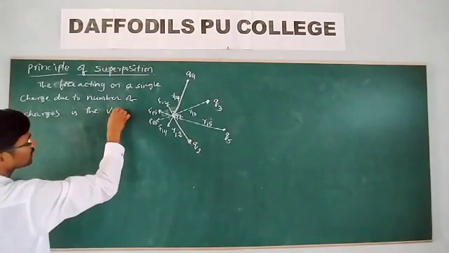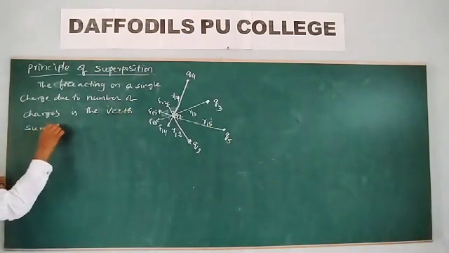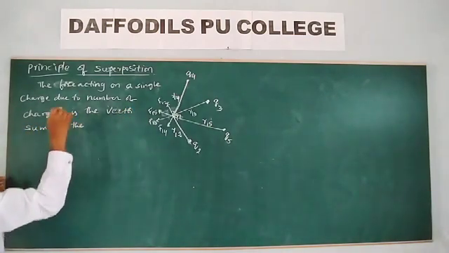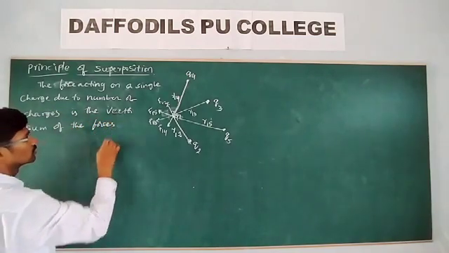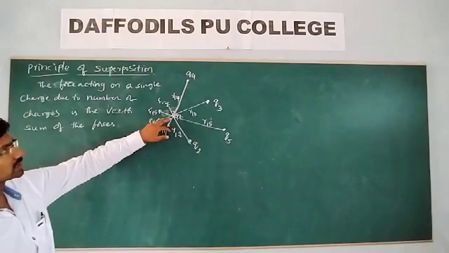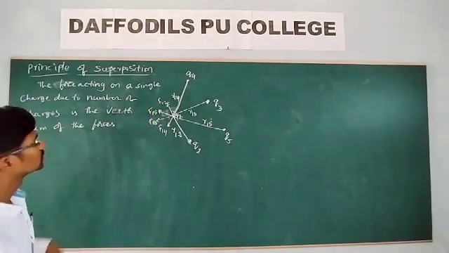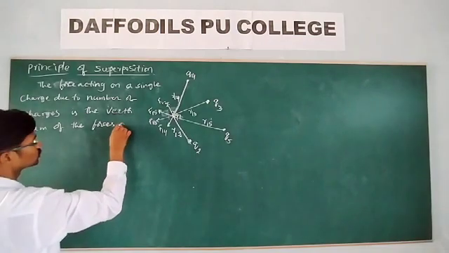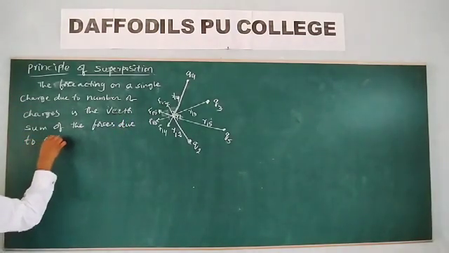The vector sum of the individual forces on the charge, the vector sum of the forces due to each charge.